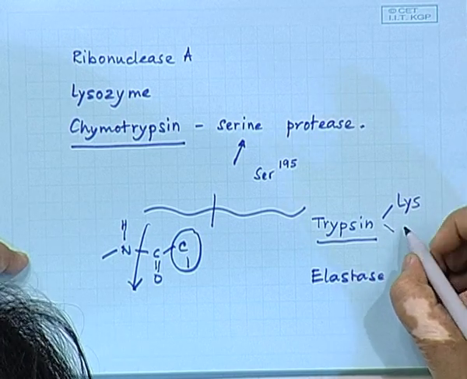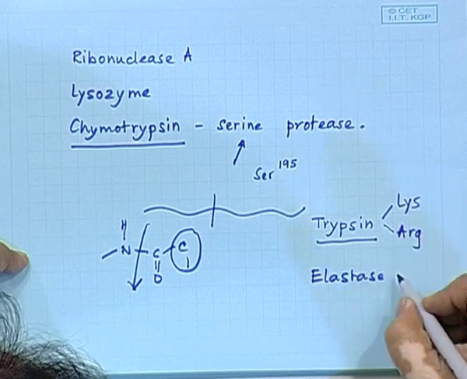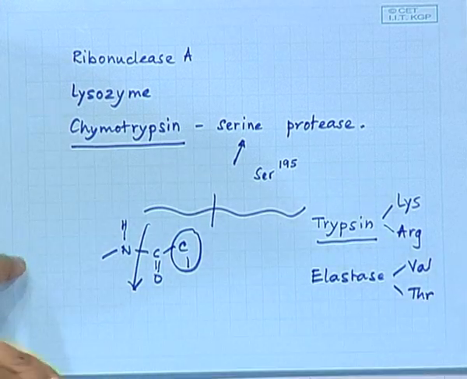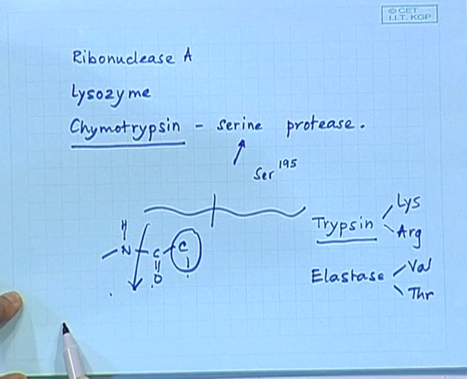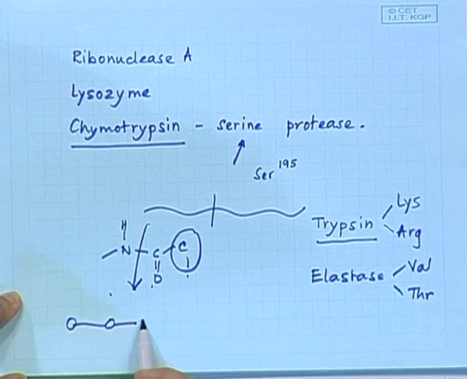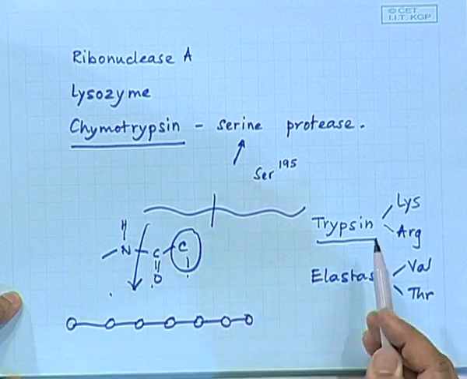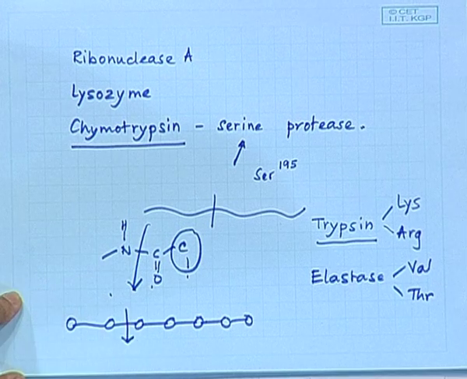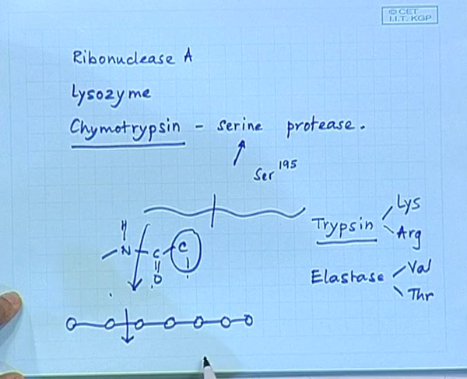We will see amino acid or peptide sequence determination, we will see how we can do that. Now we have our protein sequence. We know that we have these amino acids linked together. We know that if we are going to use trypsin, it is going to cleave at a specific point. If we have elastase, it is going to cleave at some other point.